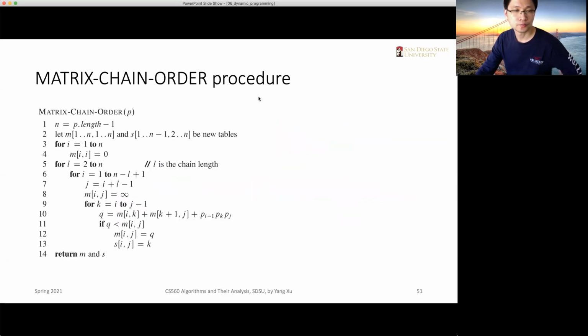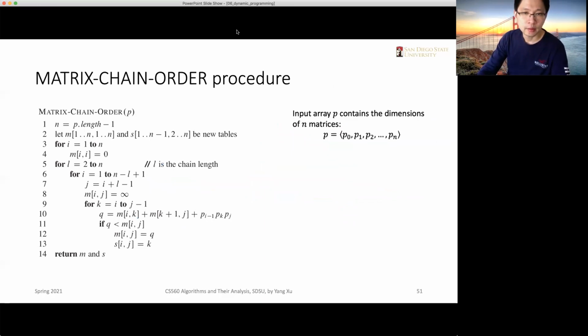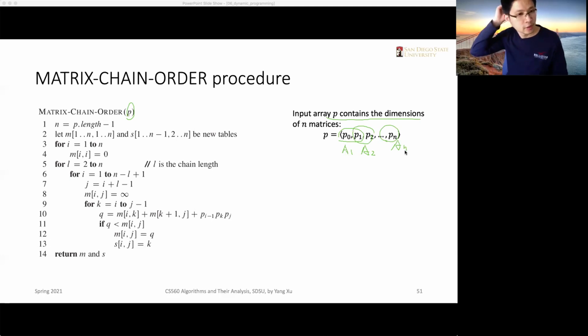So we can write a procedure like this. It's a procedure that takes the dimensions as inputs. The dimension array P includes the dimensions for all the n matrices. P0 and P1 are the dimensions for A1, and P1 and P2 are the dimensions for A2, until we get to AN. So P contains all the dimensions.